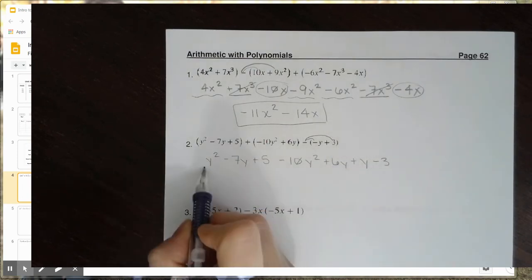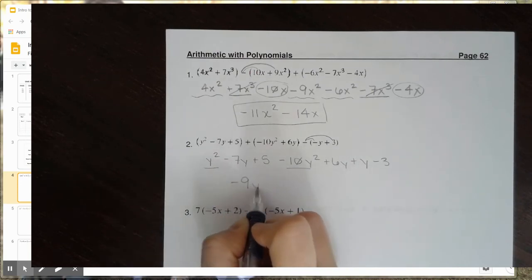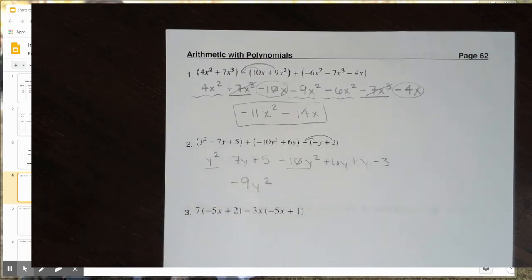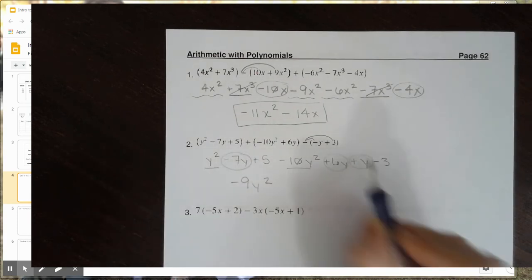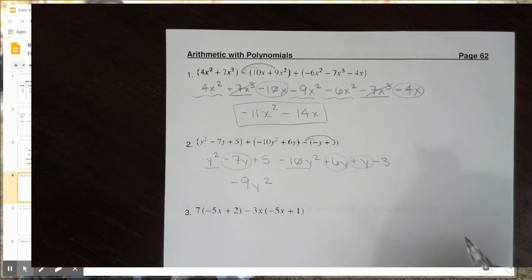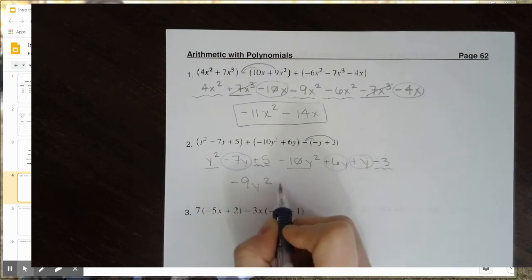So I have 7y squared minus 10y squared, so I'll have negative 9y squared. Then we have negative 7y plus 6y plus y. So that's going to end up turning out to be 0. And then I have plus 5 minus 3, so plus 2.